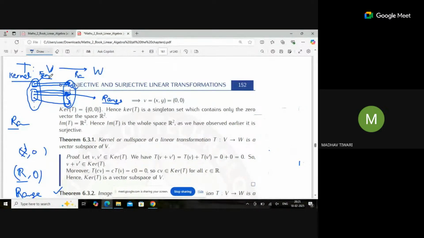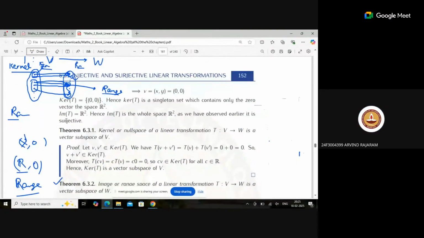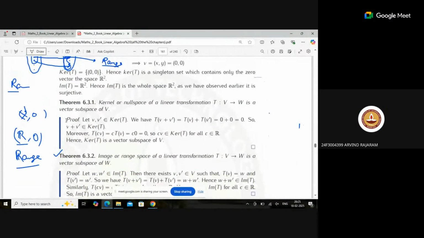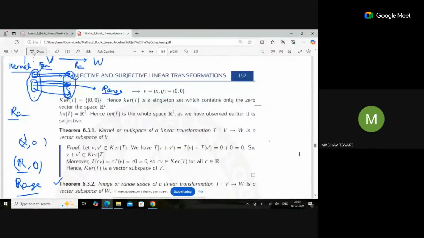So, sir, there can be many kernels, is it? I mean, yes, there are a lot of vectors. In the earlier case, you have seen that all the points in the form x comma 0 are the range space, and all the points in the form 0 comma y, where y belongs to the real numbers, are inside the kernel. So it can have a lot of vectors.